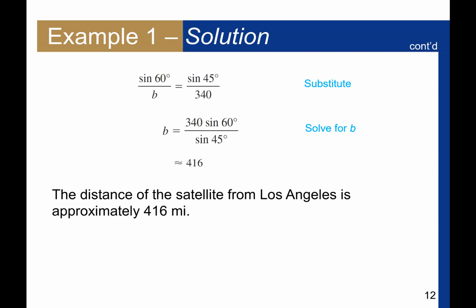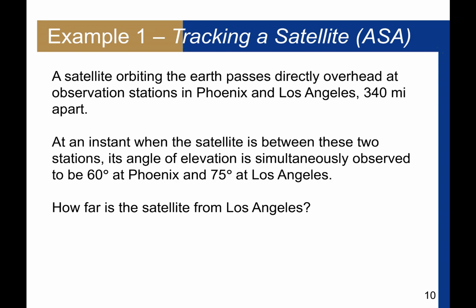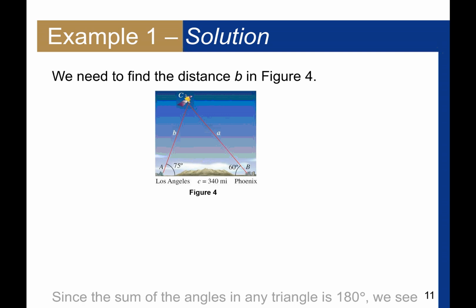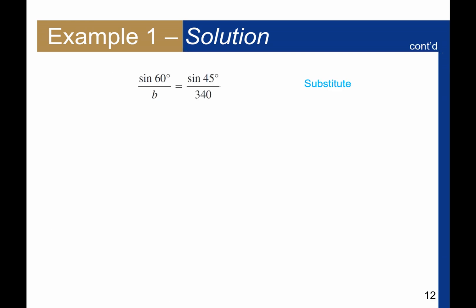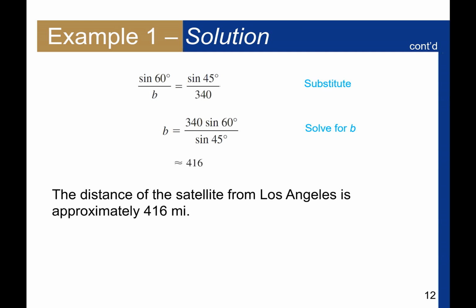Again, that's not going to be an exact answer there. We've got a couple of different square roots involved. So if we round that off, now hold on, how far should we round? They told us the distance from Phoenix to Los Angeles, 340 miles. That appears to be measured in miles, so it doesn't make sense to go out to miles and feet and inches.